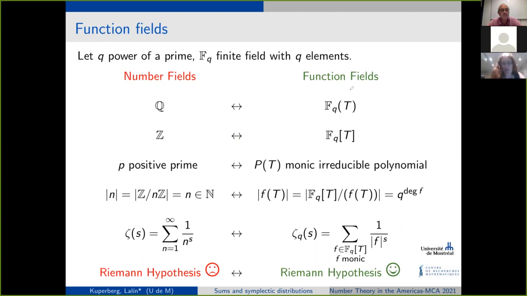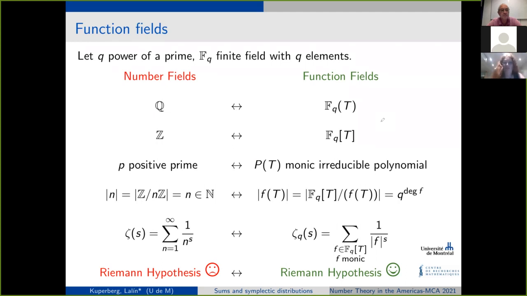Our field itself is going to be the rational functions in t with coefficients in F_q. And obviously there is the ring associated to it, the polynomial ring. It's important to keep in mind all this arithmetic structure over the polynomials over F_q[t].